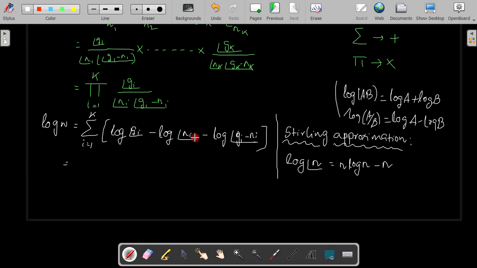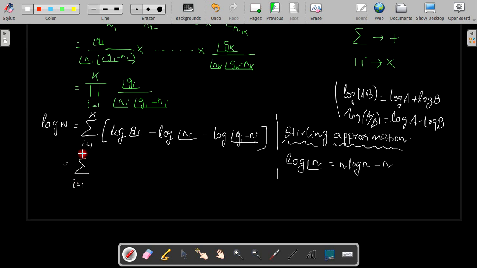Similarly, log ni you can write as ni log ni minus ni, and log gi minus ni you can write as gi minus ni log of gi minus ni minus gi minus ni. Then you can open the bracket, and the final result is just two lines that I am skipping because you can do it.